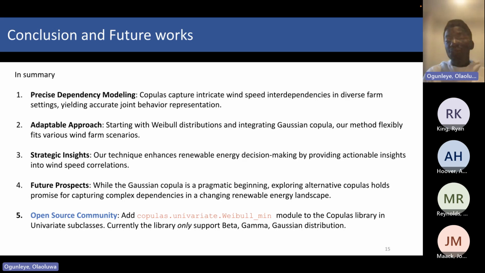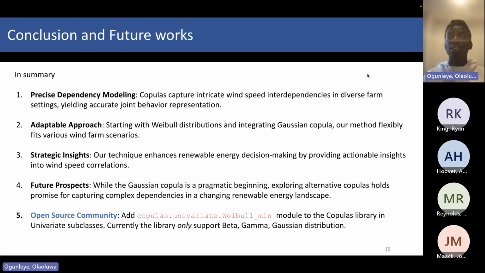As for future prospects, while the Gaussian copula was able to perform well for a particular wind farm, there's a possibility of exploring alternative copulas which may be able to explain some complex dependencies in whatever wind site we're working on. One other future work item: when I was working on this, there was a module online that could model copulas with just a single line of code.